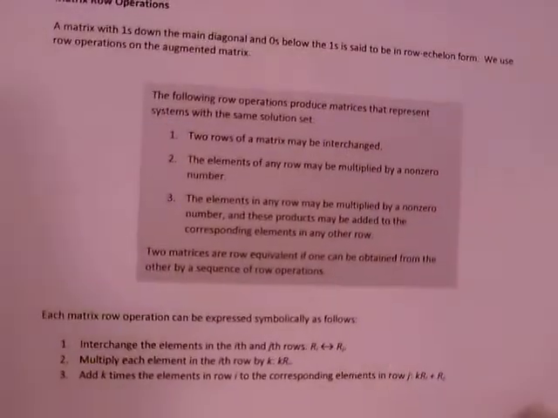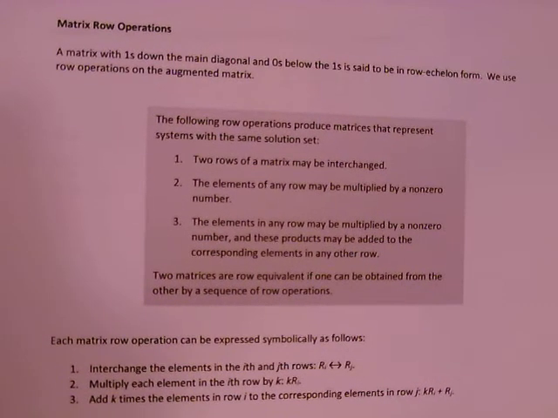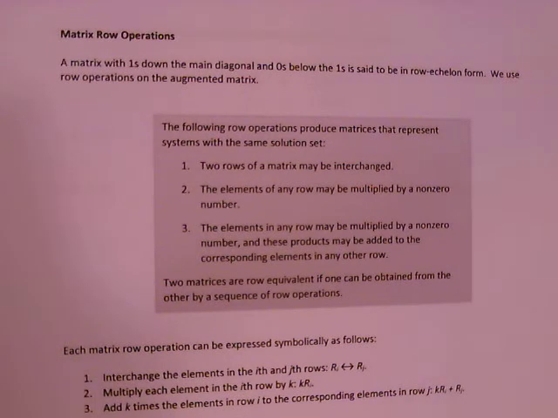Okay. Now we're going to be doing this by using a concept called matrix row operations. A matrix with ones down the main diagonal and zeros below the ones is said to be in row echelon form. Here we use row operations on the augmented matrix.